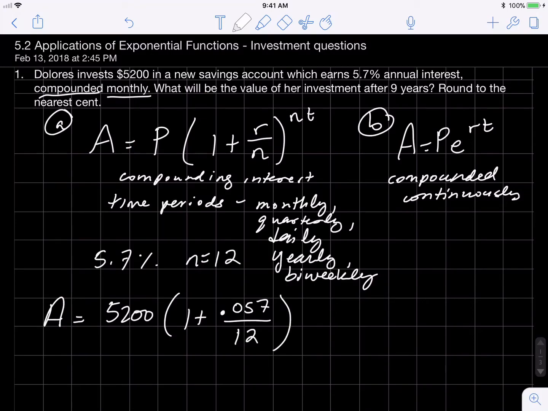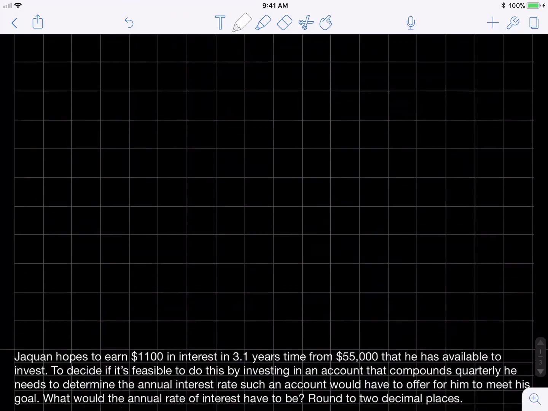And then our exponent is going to be, once again, 12 from this n here, times the number of years, which is given as 9. We can literally evaluate this all in our calculator, being careful to make sure that we multiply the exponent. And you should end up, to the nearest cent, with approximately $8,674.99.